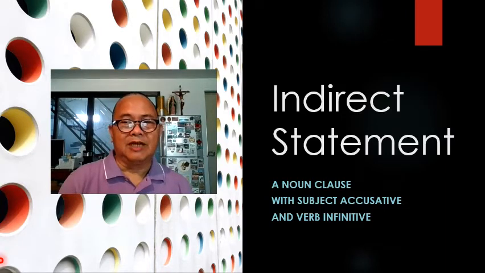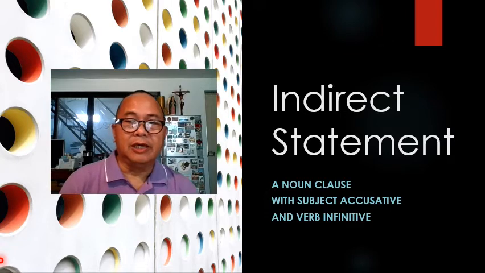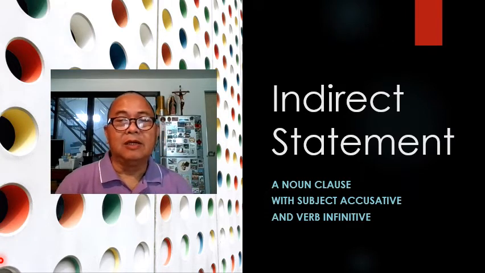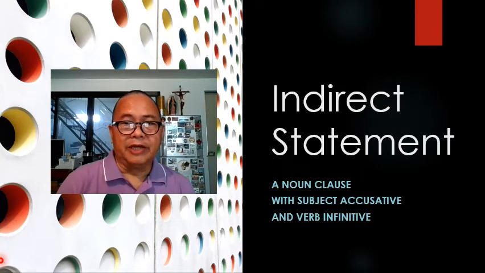In the previous lesson, we discussed complex sentences. And as you all know, complex sentences have at least one main clause and one subordinate clause. So in connection with our present study, the indirect statement is a noun clause.